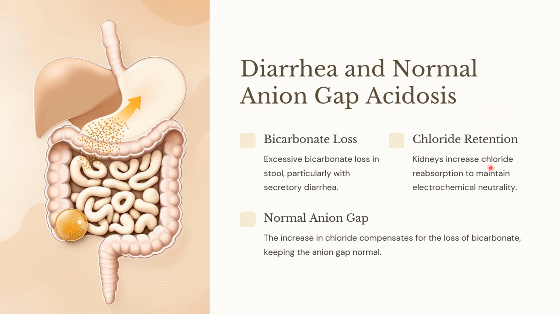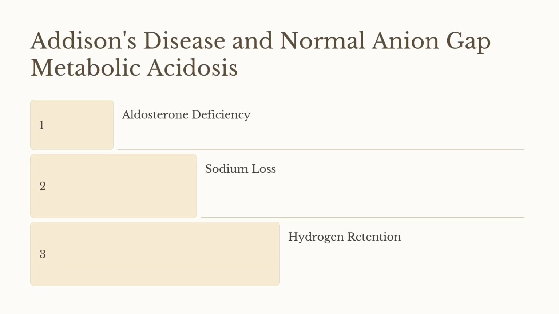So what is the anionic gap? Sodium minus chloride plus bicarb. Even though the bicarbonate is lost, the chloride is increased. So that chloride plus bicarb value, which we normally calculate, is adjusted by the increase in chloride alone. Therefore, the anionic gap stays normal. So this is what happens in diarrhea.